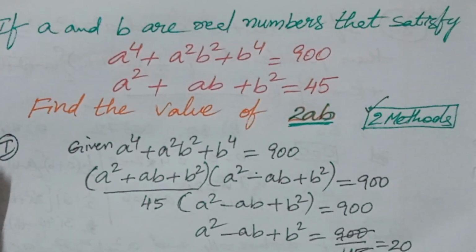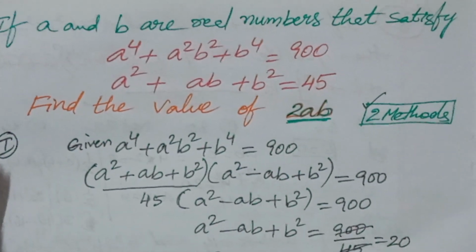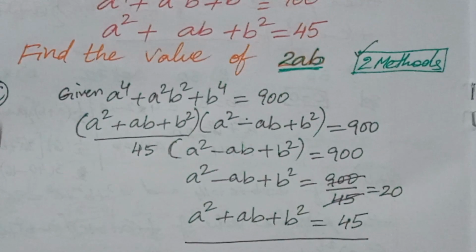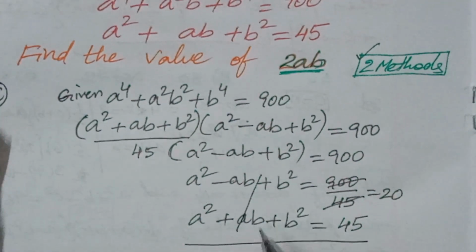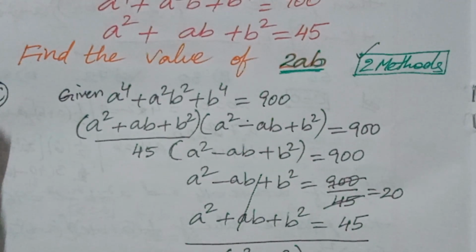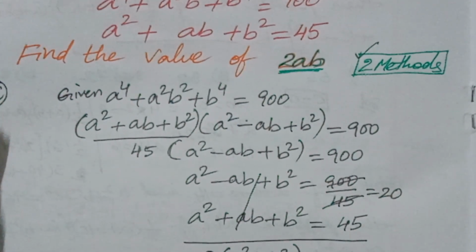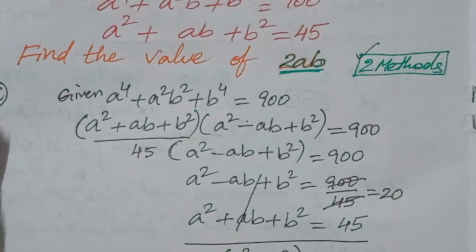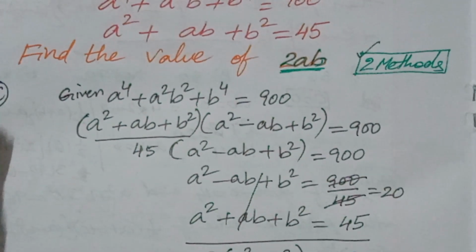If you solve this, ab gets cancelled. 2 of a square plus b square is equal to 65. A square plus b square is equal to 65 by 2.